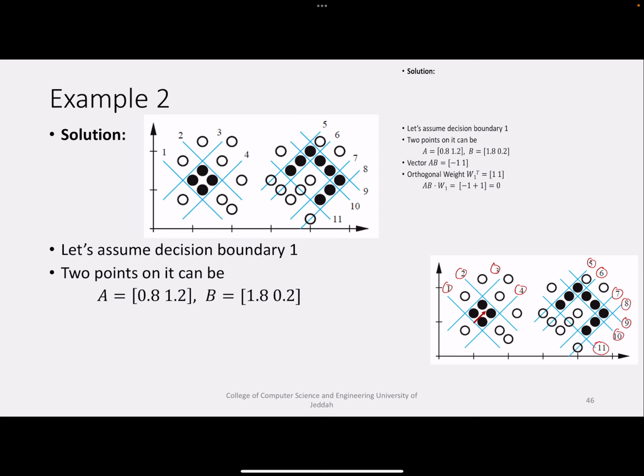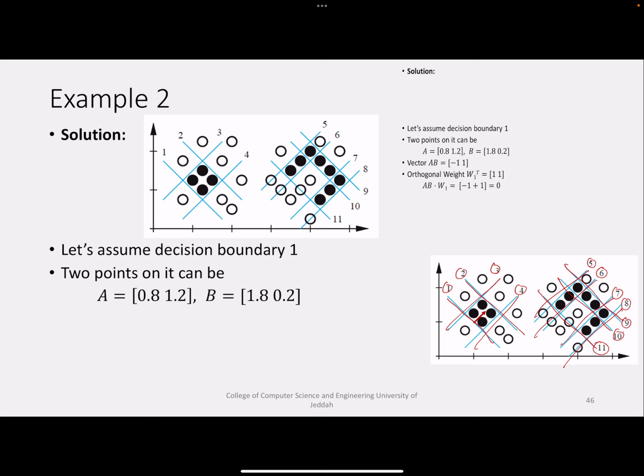Each number is for a specific decision boundary that you see over here. So 1 is for this one, 2 is for this one, 3, 4, 5, 6, 7, 8, 9, 10, and 11.